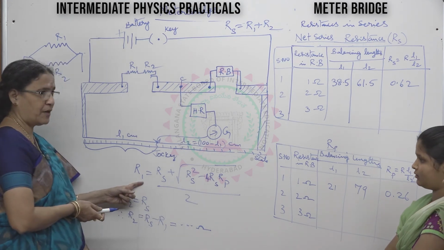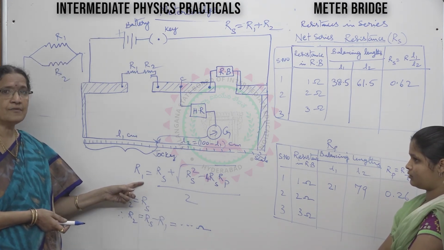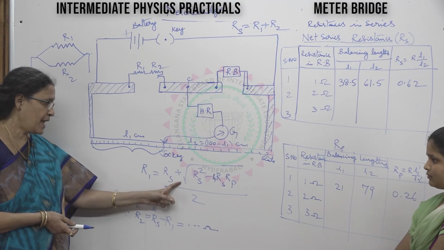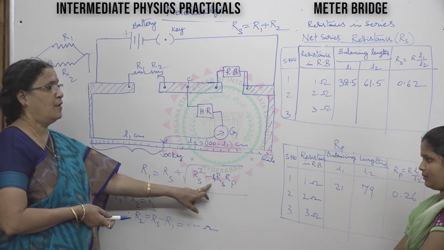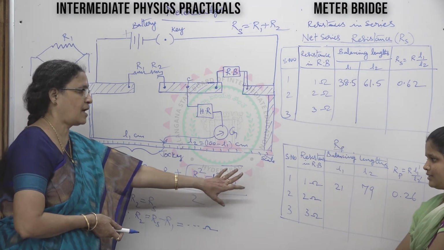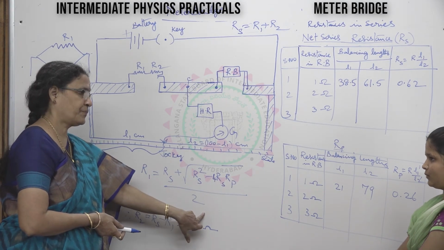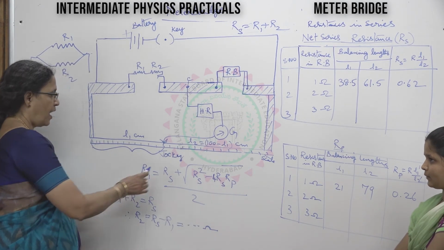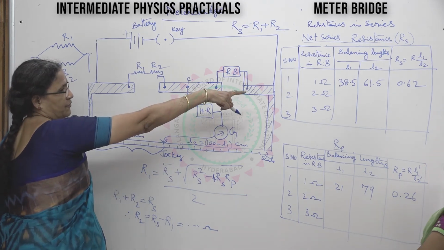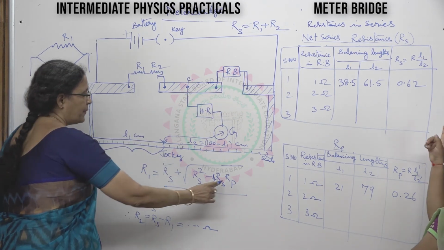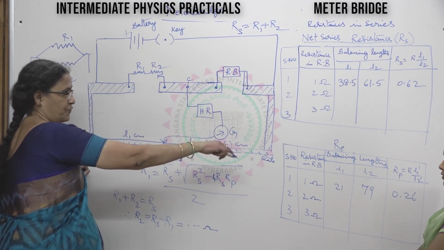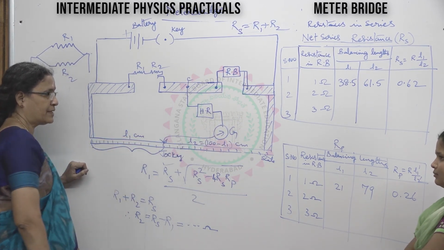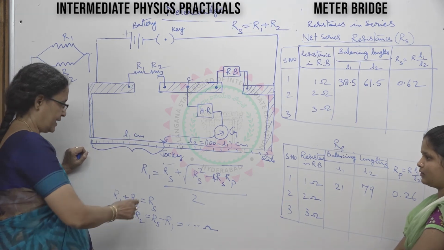So, this is the formula for R1. R1 is equal to RS plus square root of RS square minus 4 RS RP, by 2. Use this formula. RS is in the first tabular form. RP is in the second tabular form. Not the average of those. Add the 3, divide by 3, you will get that value, you take it.